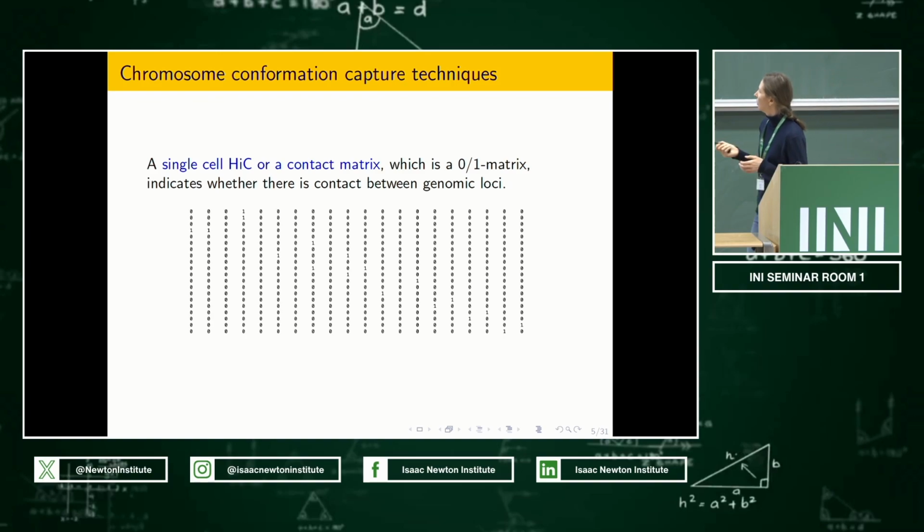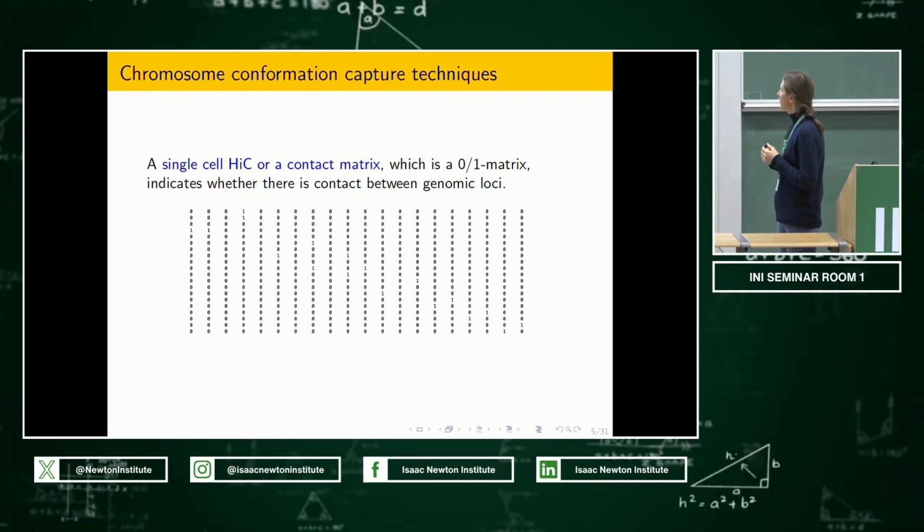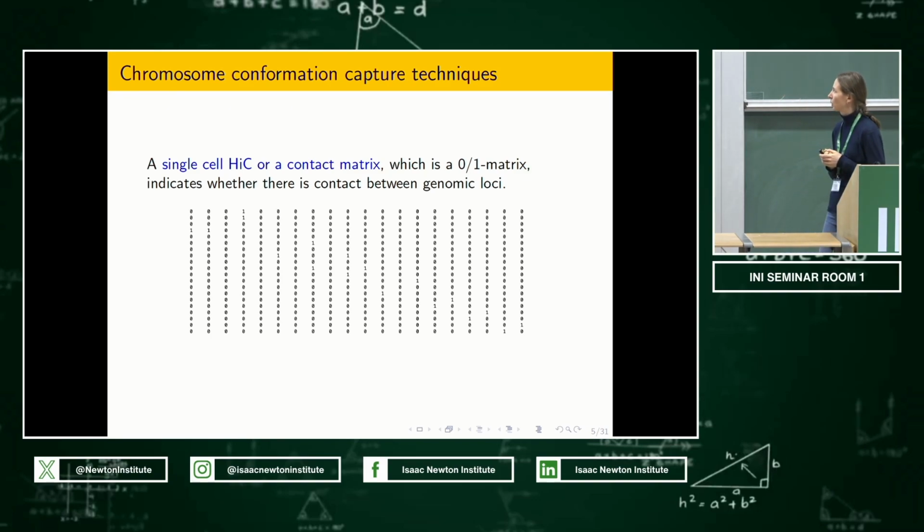So we have this 0-1 matrix that's called a single cell Hi-C, or single cell contact matrix. And it indicates whether there's a contact between genomic loci. So how you should think about this: you have your chromosomes, and they are partitioned into segments.